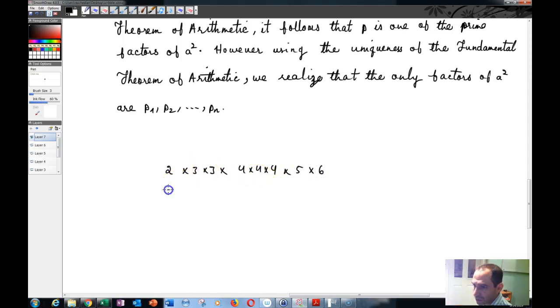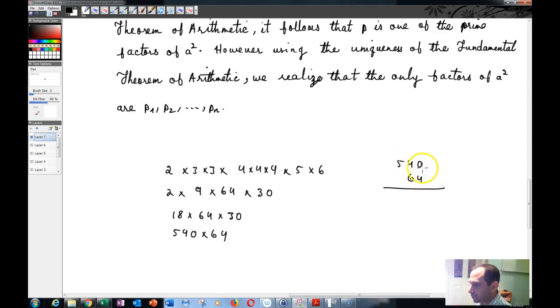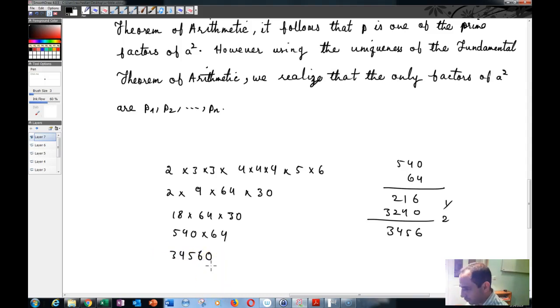So this number is 2 times 9 times 64 times 30, and that's equal to 18 times 64 times 30.